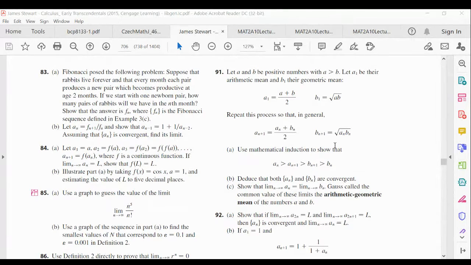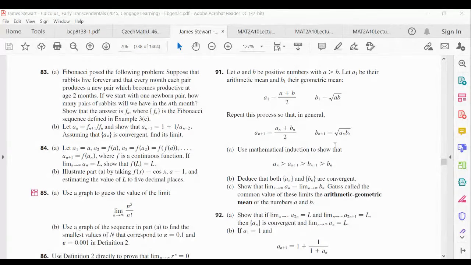If we start with one newborn pair, how many pairs of rabbits will we have in the nth month? Show that the answer is Fn, where Fn is the Fibonacci sequence defined in example 3c.